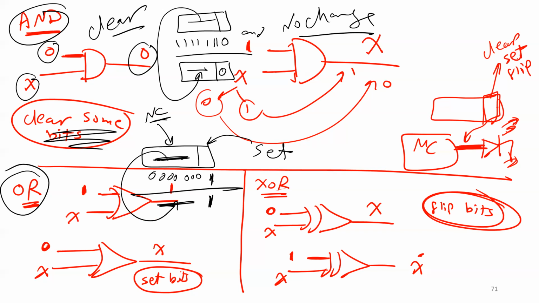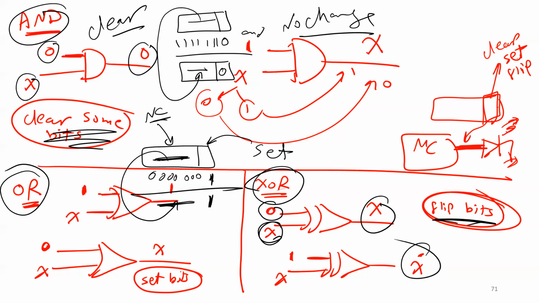Any questions? Same thing with XOR, which can be used to flip some bits. Look how it works. 0 and a bit, no change. You're going to get the same bit. So 0 is going to make no change. 1 is going to make a flip. That's how XOR works. This is the truth table of XOR.